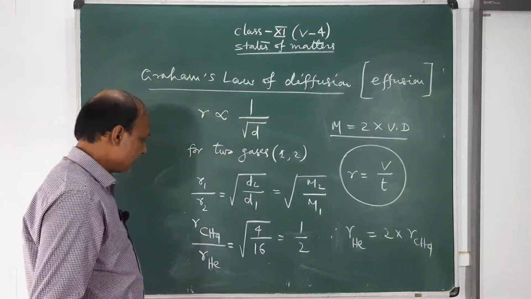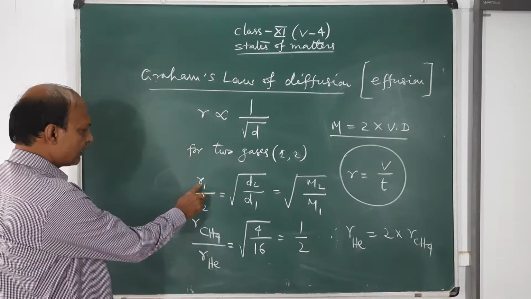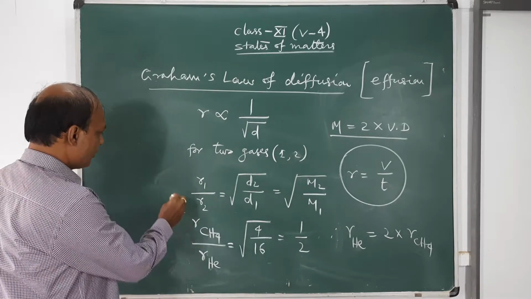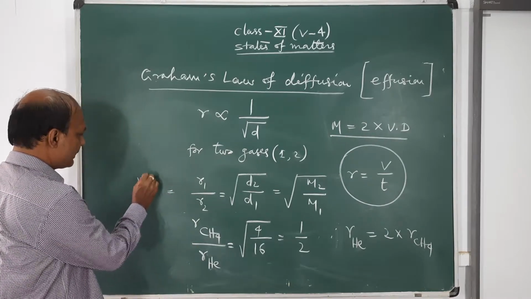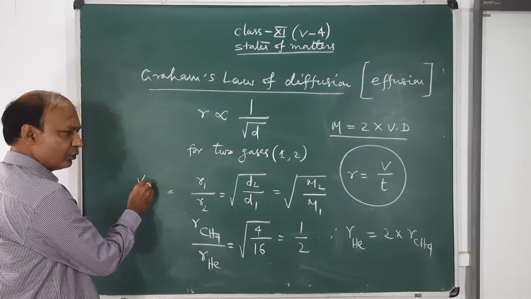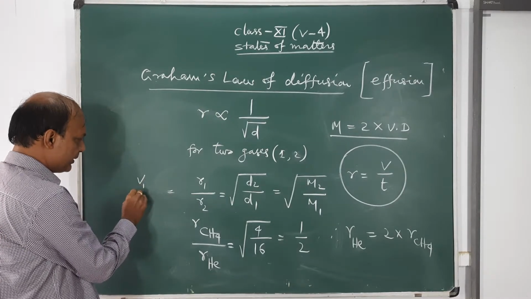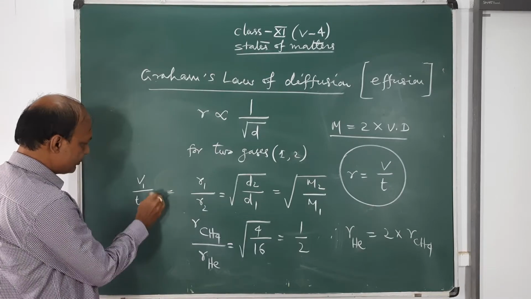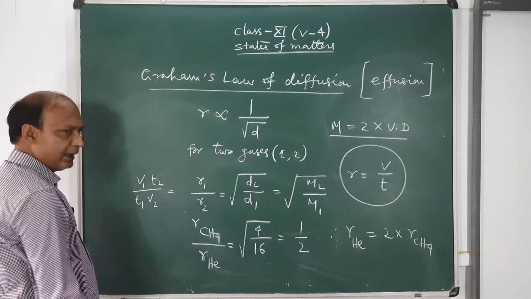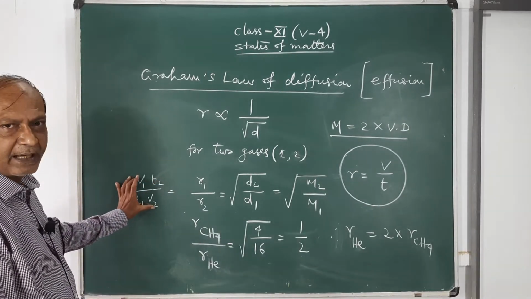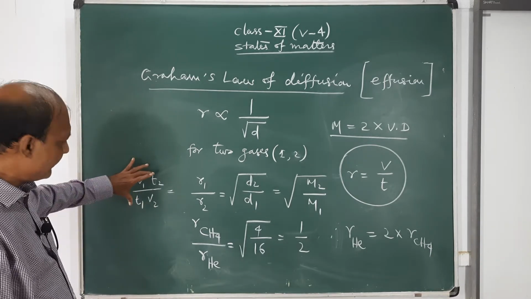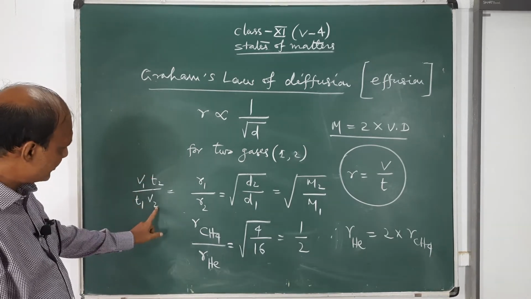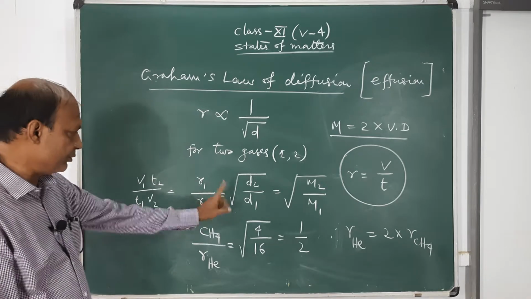So, you can write here R1 by R2. R1 equals V1 by T1 and R2 equals V2 by T2. If different volumes of two gases are diffused in different times, then this relation will fit for diffusion.